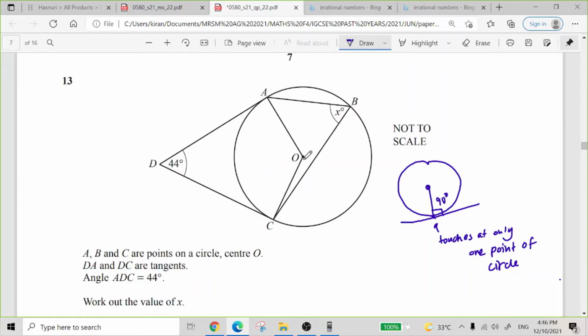For example, OA is the radius and DA is the tangent, so here it is 90 degrees. Here too it is 90 degrees, but not at OC. Sorry, I looked wrongly. So here OC with DC is also 90 degrees. So when the radius meets the tangent, it forms 90 degrees.